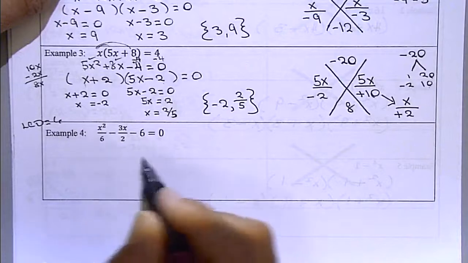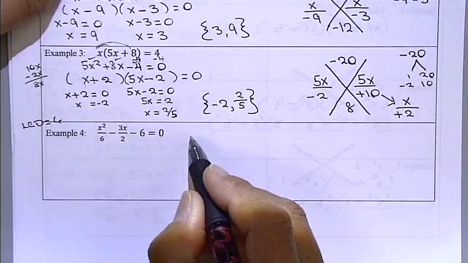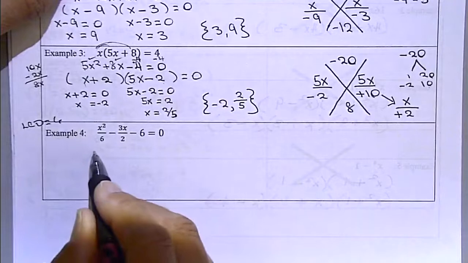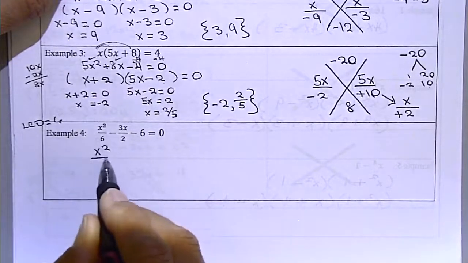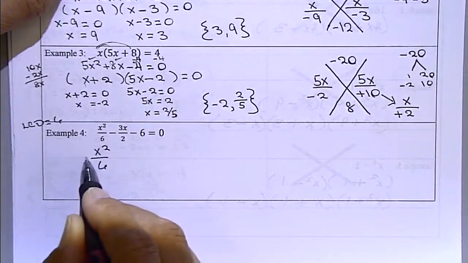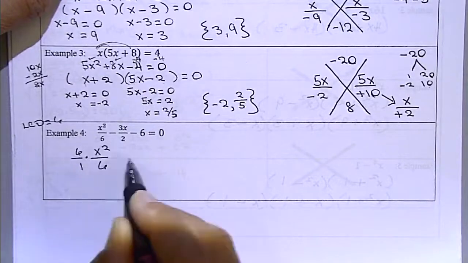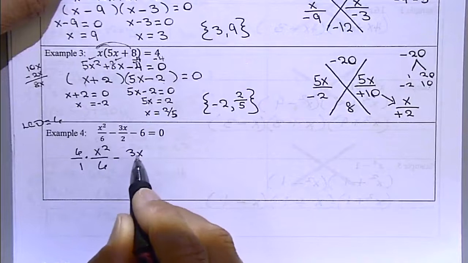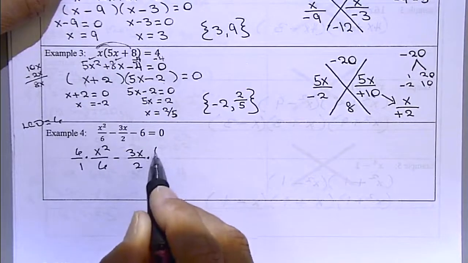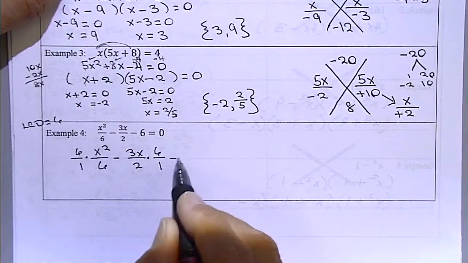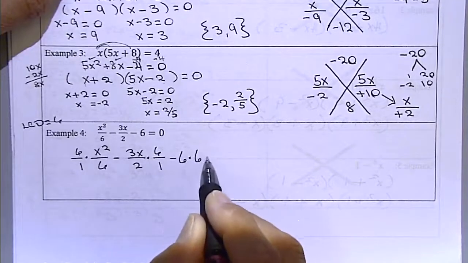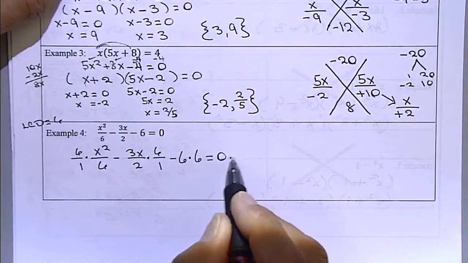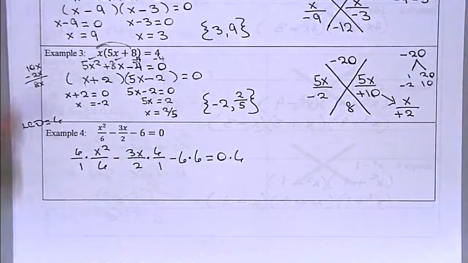Now, there's not enough room here, and I'm trying to think if I've got enough room to rewrite, and I think I do. So I'm going to say that times 6 over 1 minus 3x over 2 times 6 over 1 minus 6 times 6 is equal to 0 times 6. Okay?